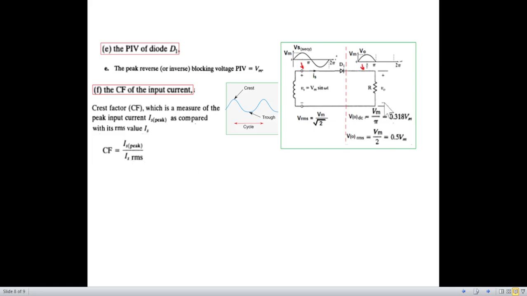We have done previously from here. VS RMS divided by R, but IS peak will be what? The peak divided by R, so Vm peak divided by R will give us IS peak, and IS RMS is VS RMS over R, so dividing, the answer is equal to 2.